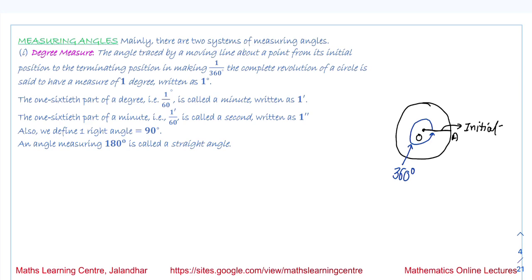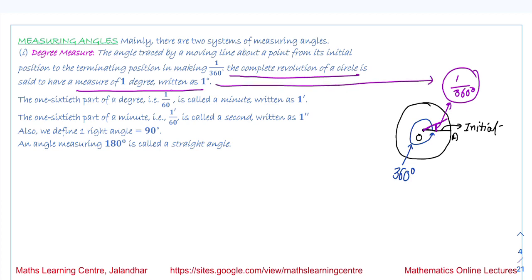1 degree is basically this part of the circle we are talking about. 1 by 360th of the complete revolution of a circle is said to be the measure of 1 degree, and it is written as 1 degree. Now further, the 1 by 60th part of 1 degree is called 1 minute.